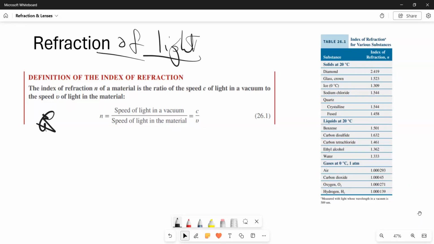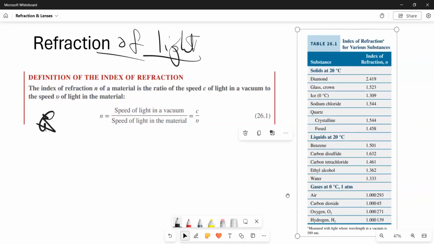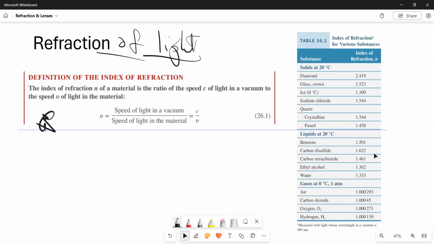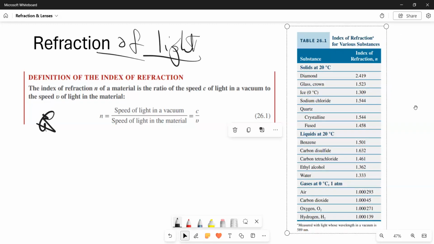So, of course, this little table here, as you see. Is it large enough? Let me make it a little bigger. Can you see this table? Yes, sir. So this is what we call the refractive index of a number of substances. And they compare it with, I think the reference material is light in a vacuum, the speed of light in a vacuum.